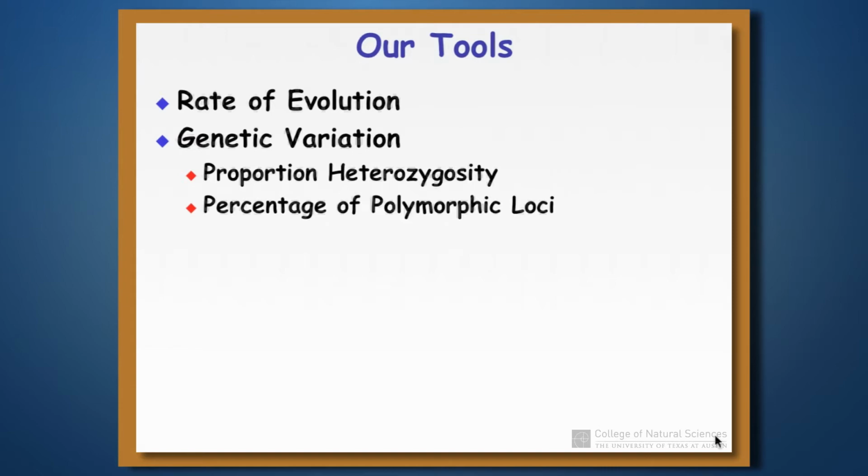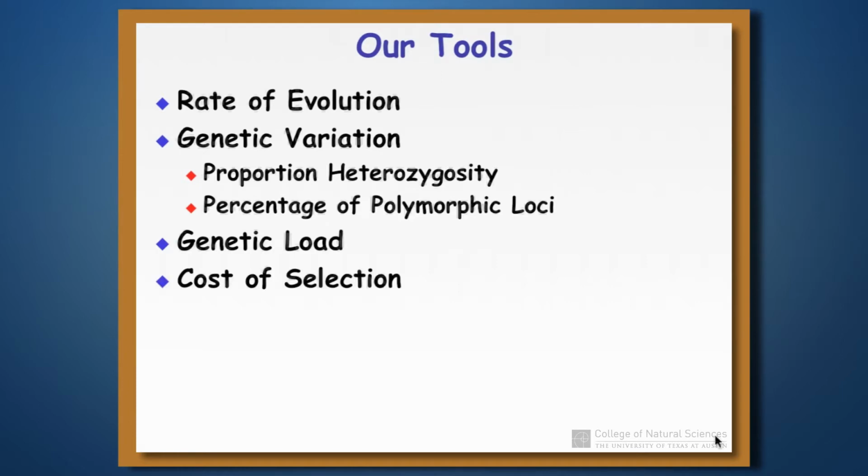We defined genetic load, and we talked about what the cost of selection was and the fact that selection can't be too strong or else it's going to impose such a strong load that a population will be driven to extinction. All right, so now let's look at what Kimura did with this.